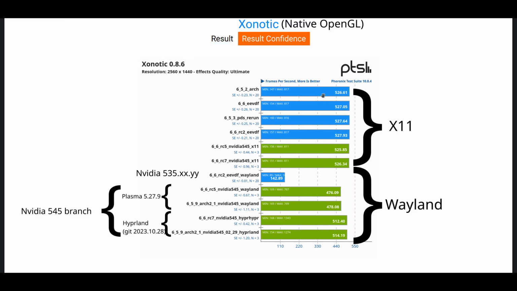So since Wayland is currently a hot topic, I thought maybe I should try it out myself, even though I've heard that Nvidia has some issues with it. And the first time I tried it with Wayland, I had this result here.